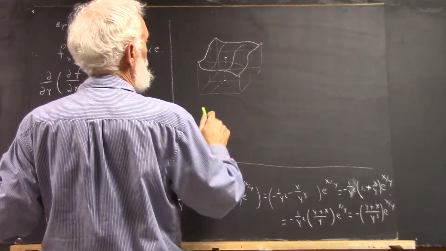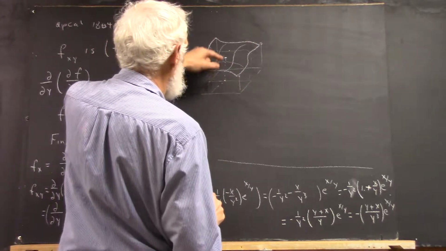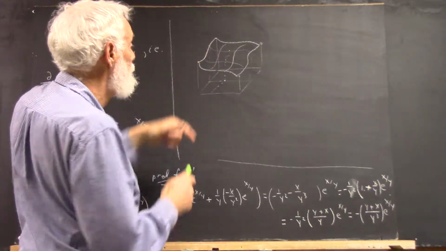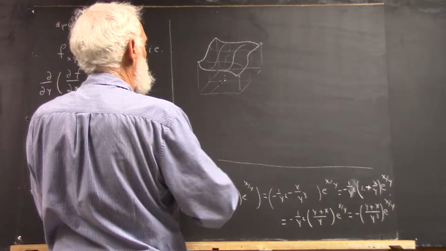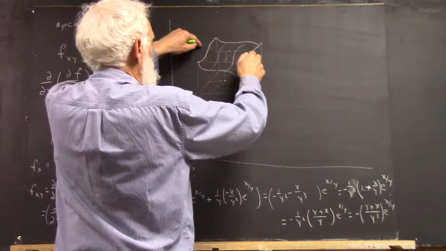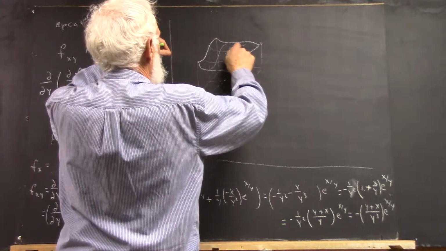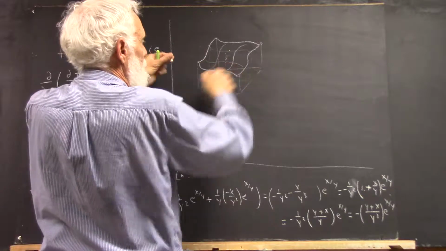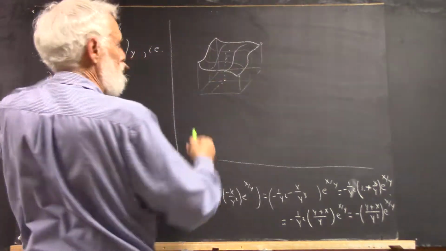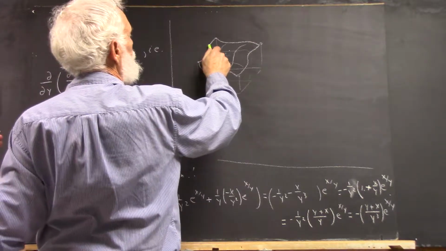Matter of fact, it might even be this one, which means when I projected this point to here, I screwed up. Okay, so let's go ahead and project the point up to here. It just turns out that this appears to match up with this curve on the surface.